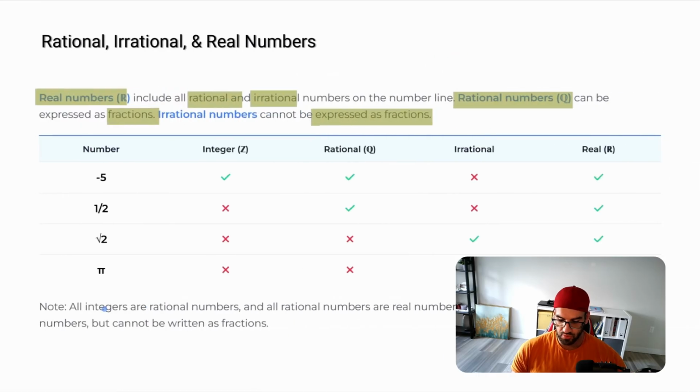After this part, we do have another section about the rational, irrational, and real numbers. Again, we talked about it in detail. So for instance, I do have -5, and as I just told you, this table is going to show you that each number can be categorized in different categories. It doesn't necessarily mean that each number can only be a member of one family.